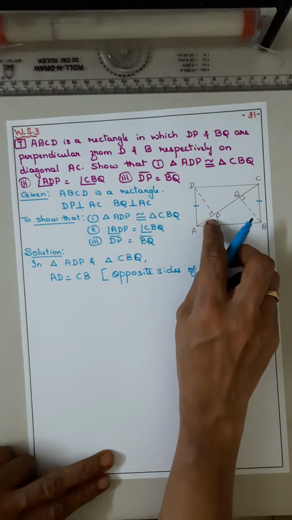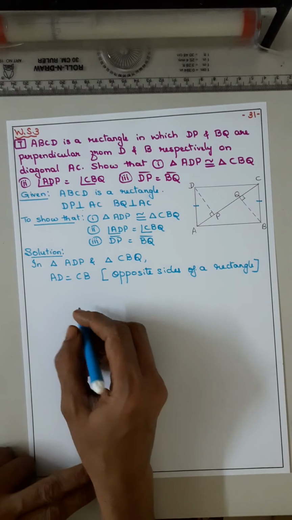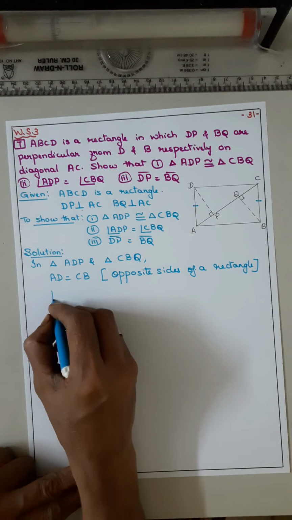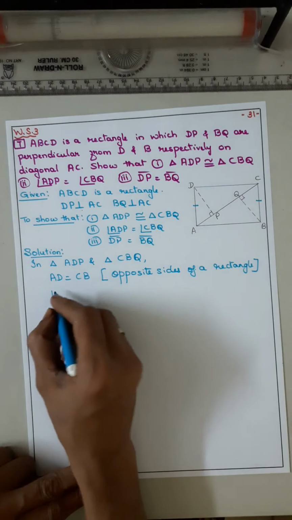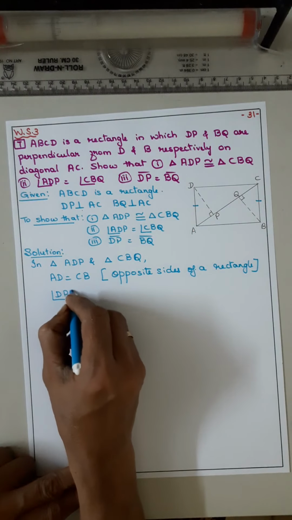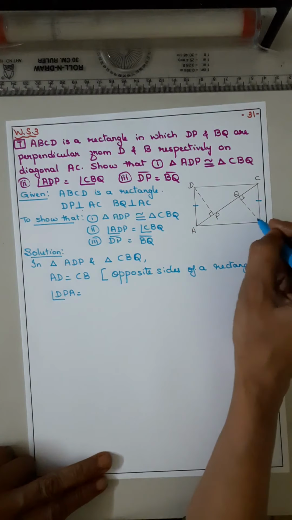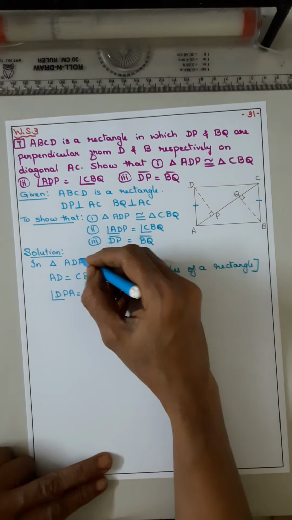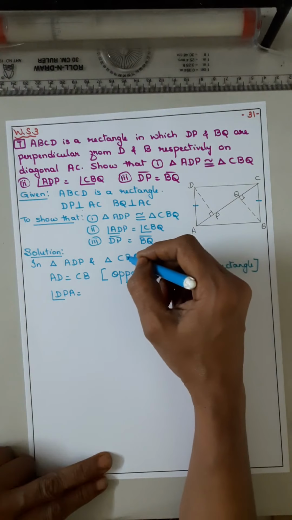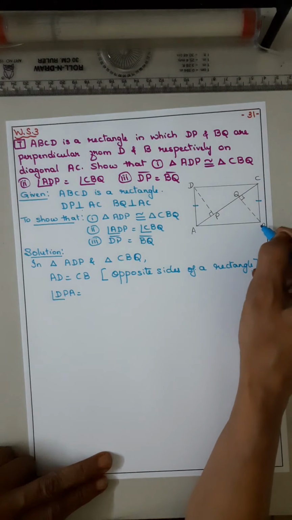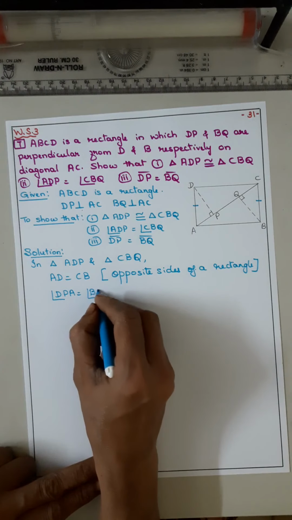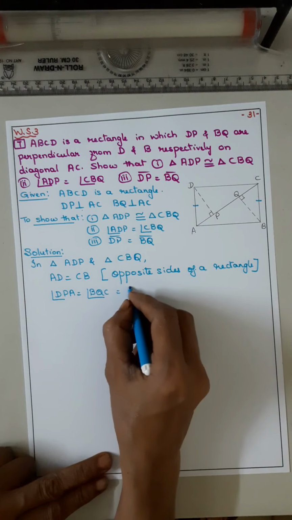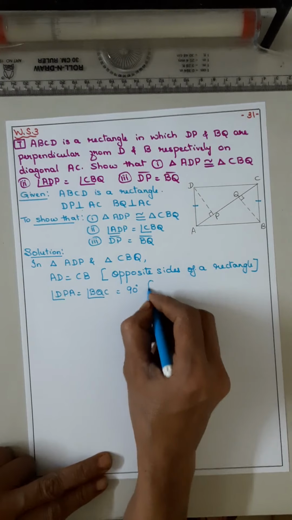Next, angle DPA is equal to angle BQC, which is 90 degrees.